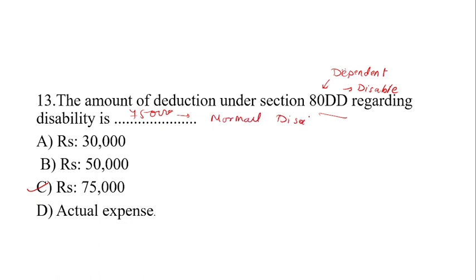Normal disability means it is more than 40% but less than 80%. This is the first condition. In this case he will get 75,000 as the deduction amount.